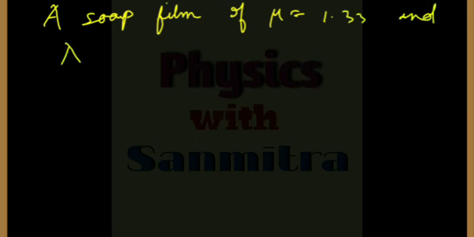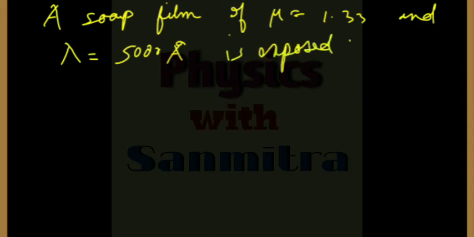A soap film of refractive index mu equal to 1.33, and wavelength lambda 5000 Angstrom, is exposed to white light. What is white light?